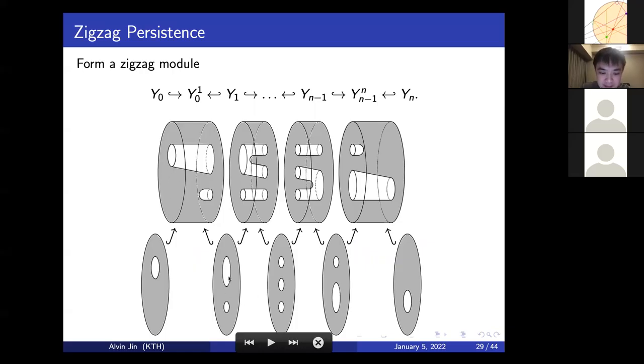And this right oval is the right-hand side of that cylinder. It's also the left-hand side of this cylinder, and these three holes are the right-hand side of that cylinder. So I can encode this in a zigzag. These zigzags encode the important information of the space we're studying.